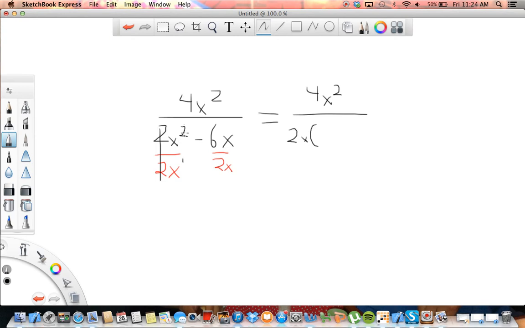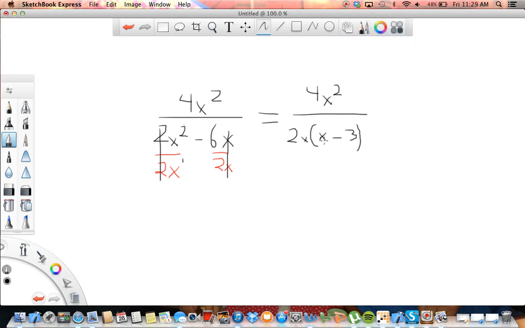So x squared divided by x to the first is the same thing as saying x to the 2 minus 1, which is just going to be x to the 1 or just x. They're the same thing. So it's just going to leave me with an x. Now, minus, so we're going to go ahead and bring that over. 6 divided by 2 is 3. And then x divided by x cancels out. So we're just going to leave it like that right there.